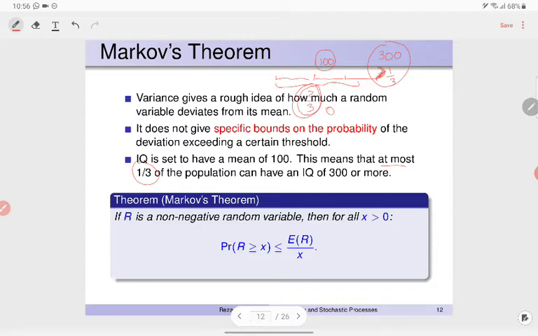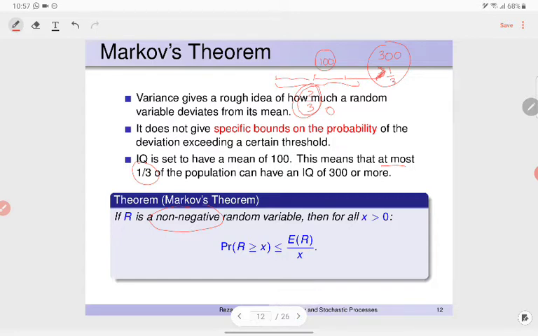If R is a non-negative random variable, because if it has negative values, of course, this is a different matter altogether. If it's a non-negative random variable, then for all x larger than 0, the probability of R more or equal to x must be less or equal to the expectation of R divided by x.